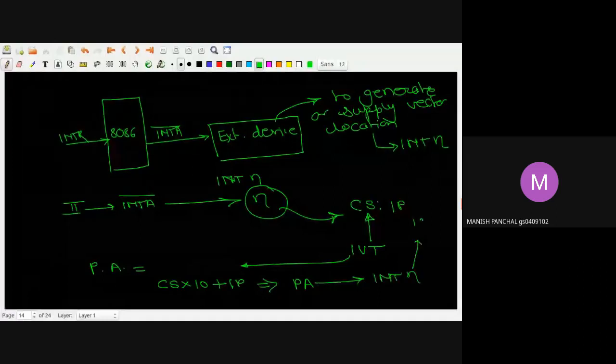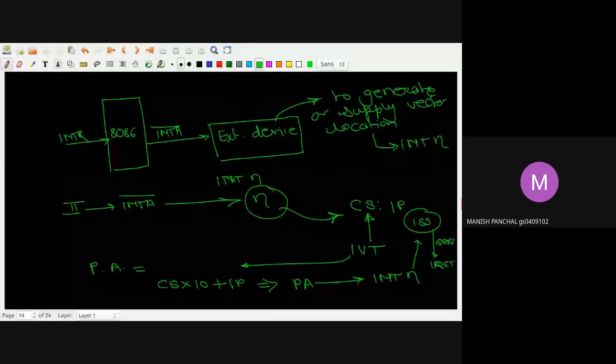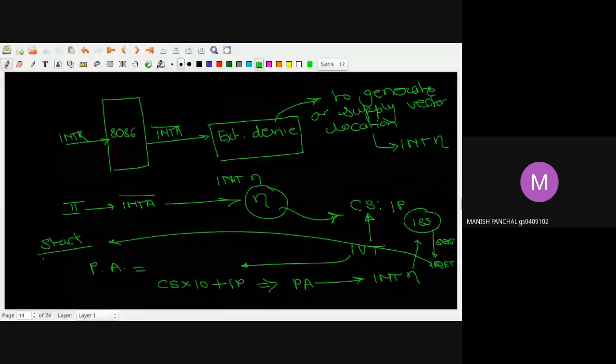So it will go to this ISR by taking this physical address and serve that ISR, and finally it will get an IRET instruction. Now it will go to the stack where the normal program location is written. This is the normal program location.